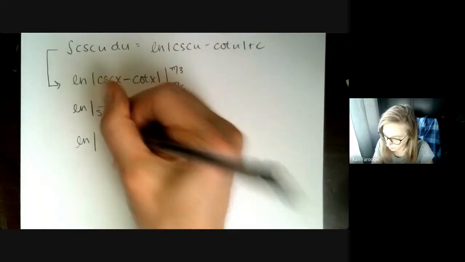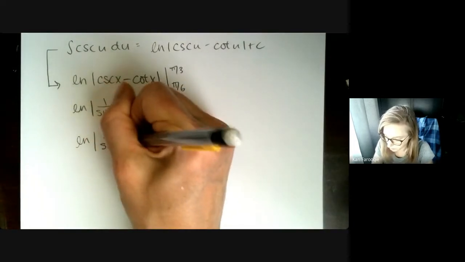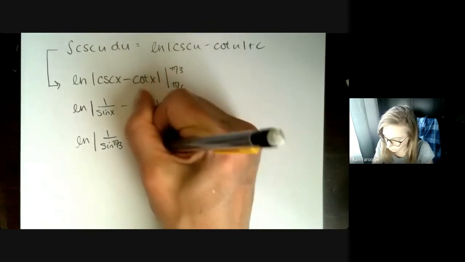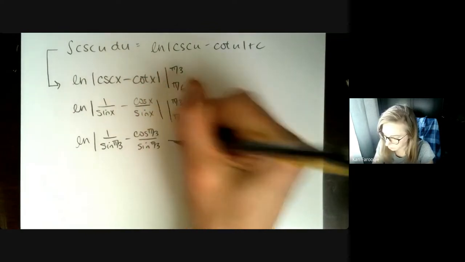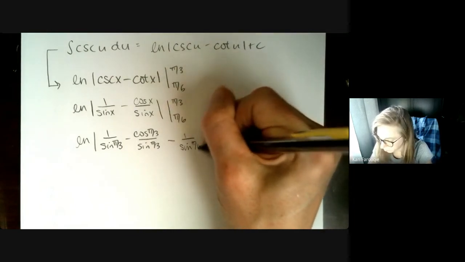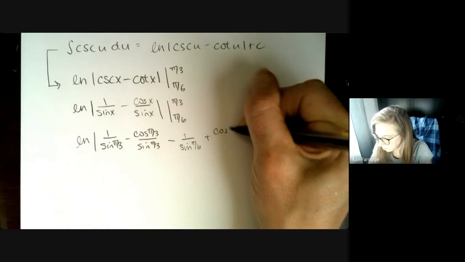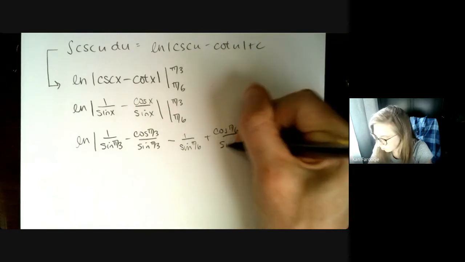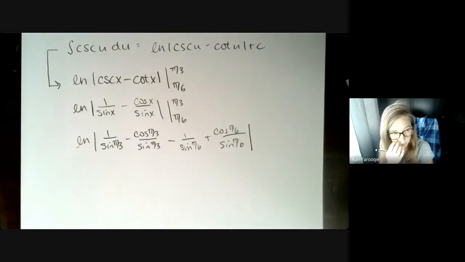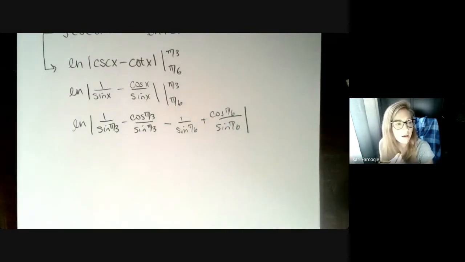All right, pi over 3, 1 over the sine of pi over 3 minus the cosine of pi over 3 over the sine of pi over 3 minus 1 over the sine of pi over 6 plus the cosine of pi over 6 over the sine of pi over 6. And we have absolute value bars here.